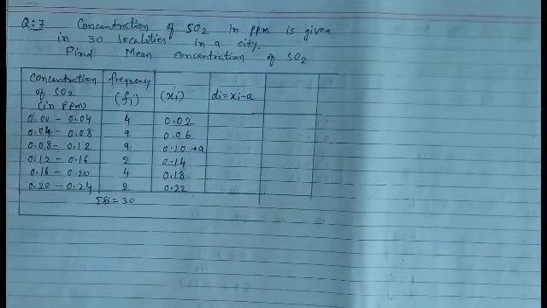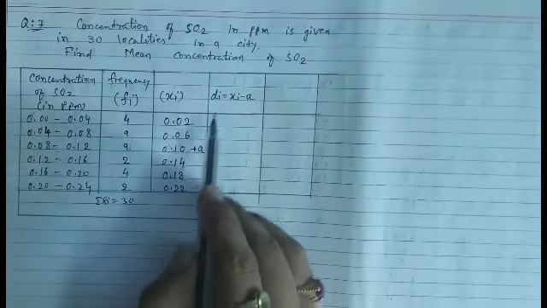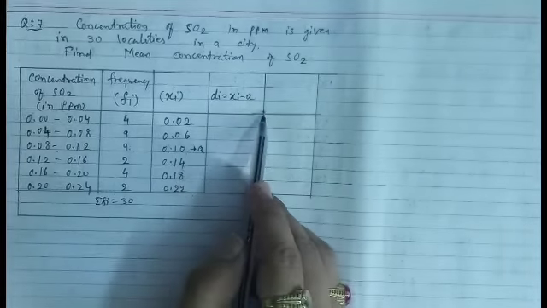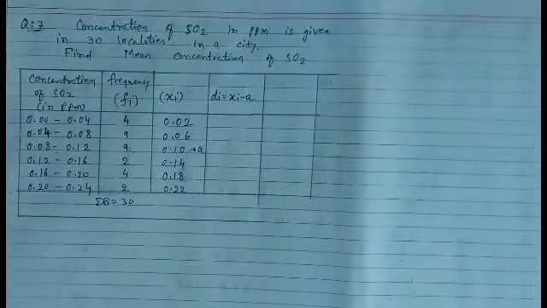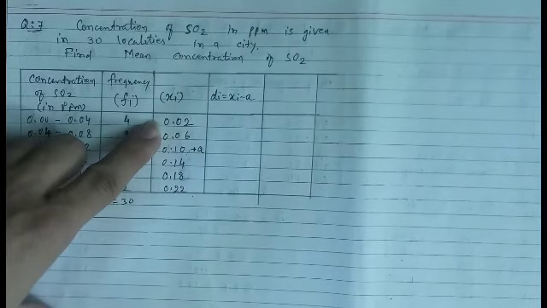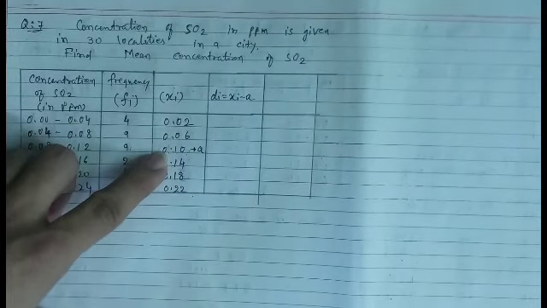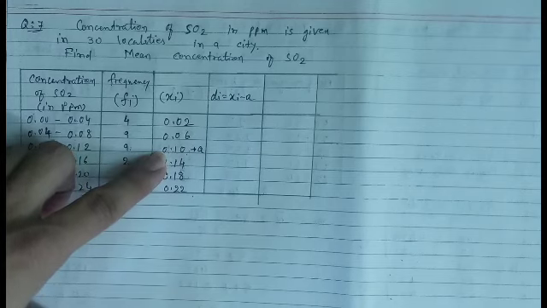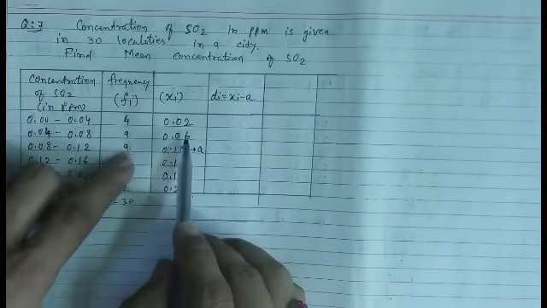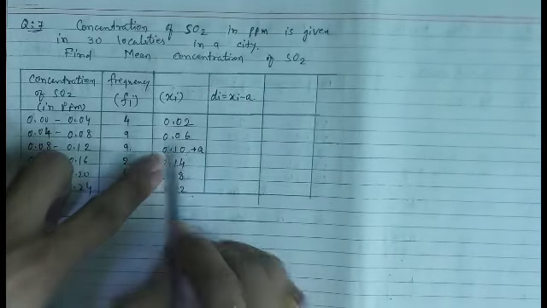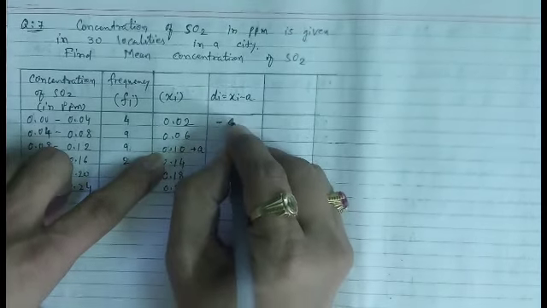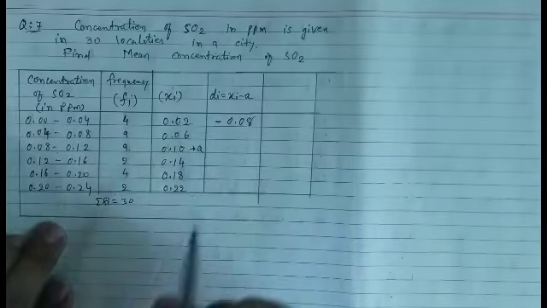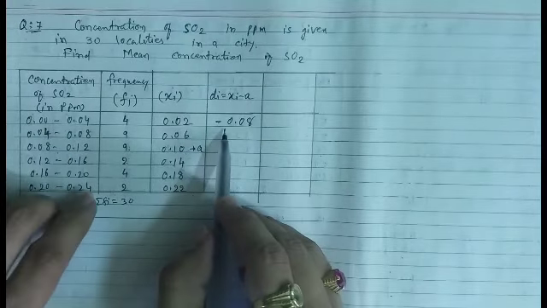Now after getting A, we have to find Di. Di equals Xi minus A. Now you have to be careful and get this value. For the first term, Xi equals 0.02 and A equals 0.10. Therefore, Di equals 0.02 minus 0.10, that will be minus 0.08. This is Di for the first term.